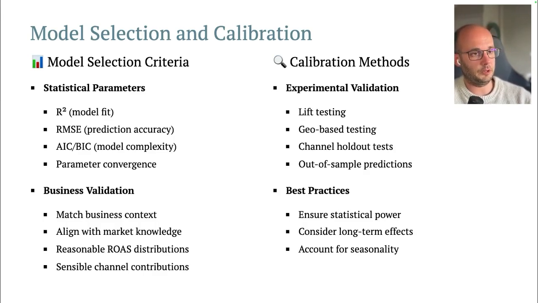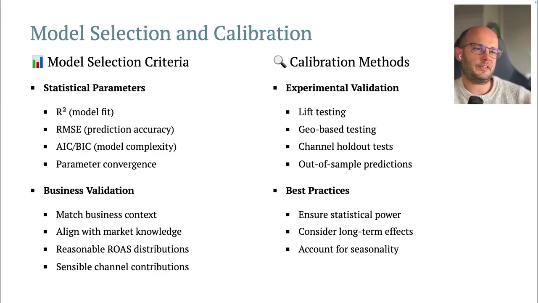You can train the model on the far past, leaving out the recent past, like last quarter. You train your media mix model and then you forecast, because you know what happened. And if the model is not accurate in this out-of-sample forecast, then you have a problem. You need to go back to the drawing board.